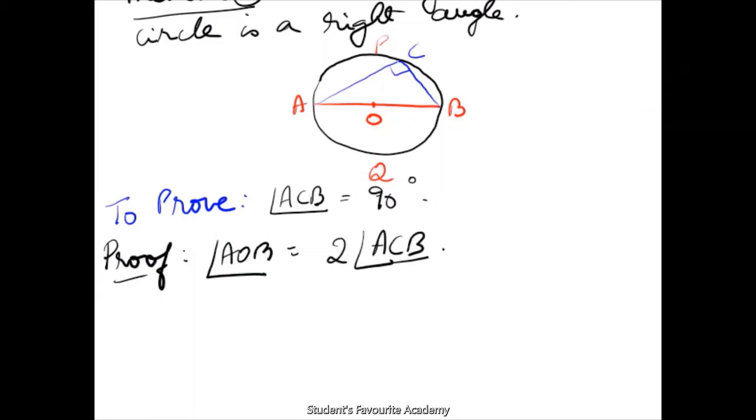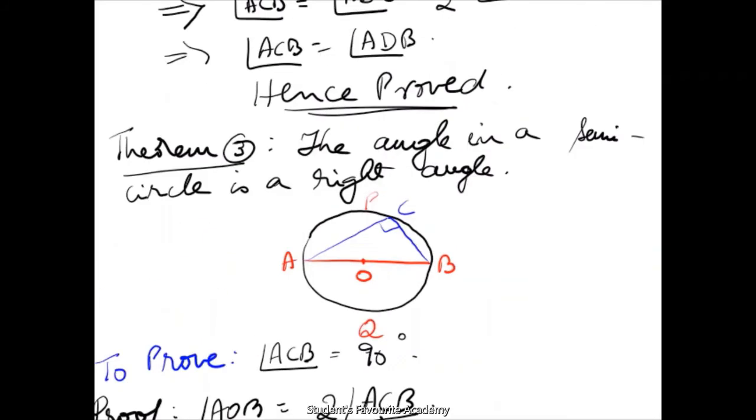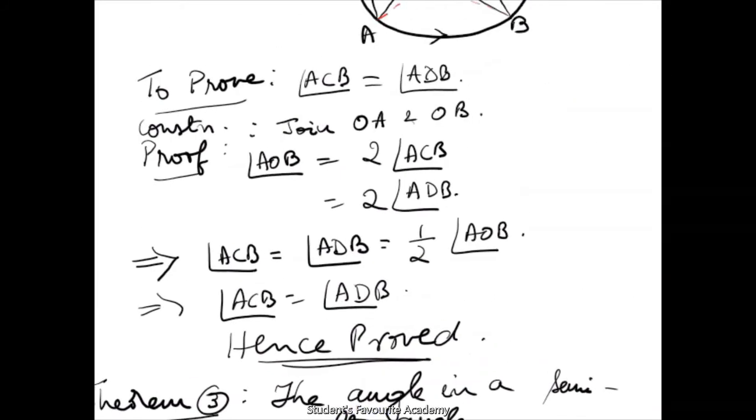Okay. Now you have to write the reason here. Of course, in the first case also, in the other theorem also, you must write the reason. Never forget to write the reason.